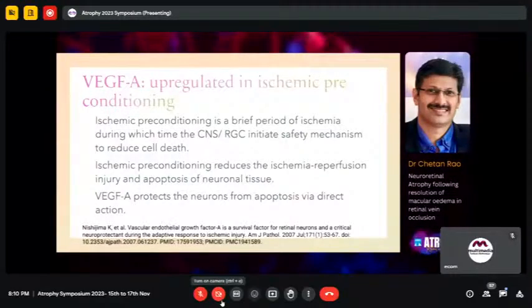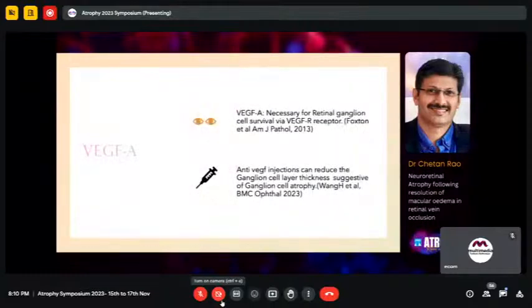Ischemic preconditioning is an adaptation response of the neuronal cells for survival, and VEGF-A is the main factor driving this. It is important to know that anti-VEGF injections have been implicated in blunting this pathway, leading to subsequent loss of ganglion cells and retinal atrophy.